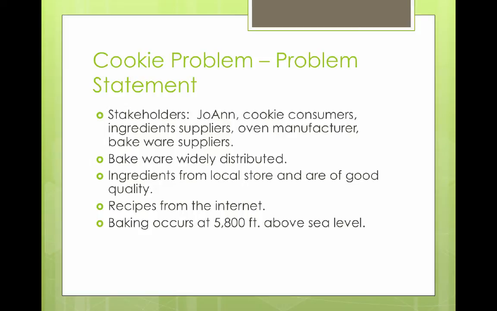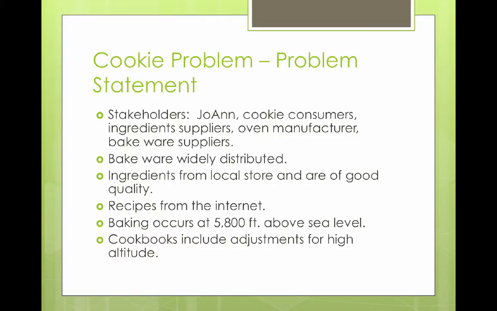And I find out after talking to Joanne that she bakes her cookies at 5,800 feet above sea level, which is considered pretty high altitude. And I look at cookbooks, specifically cookbooks that have recipes that include adjustments for high altitude baking.